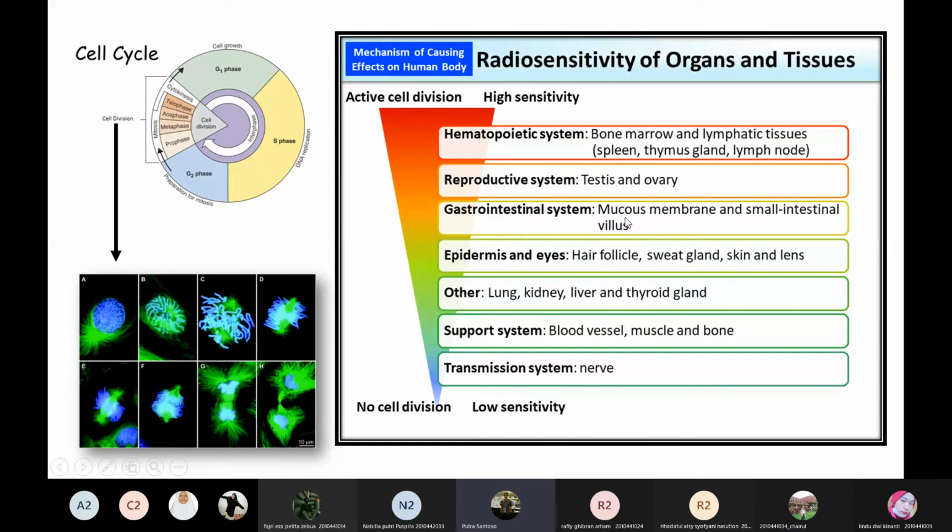Jadi di saluran pencernaan kita itu kan yang aktif melakukan mitosis di mana adalah di permukaannya. Please remember that actually the activity of mitosis or cell divisions in our gastrointestinal tract, di sepanjang saluran pencernaan kita itu sangat aktif mitosisnya.